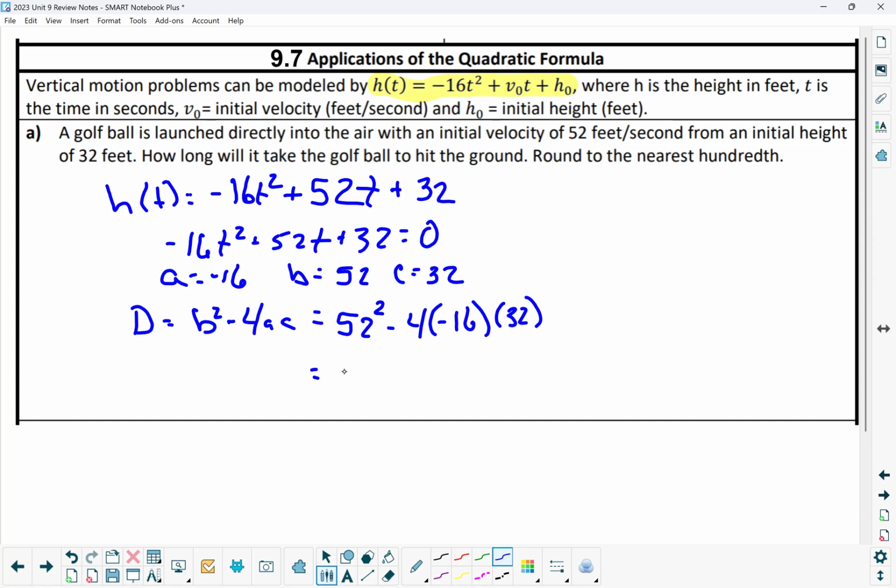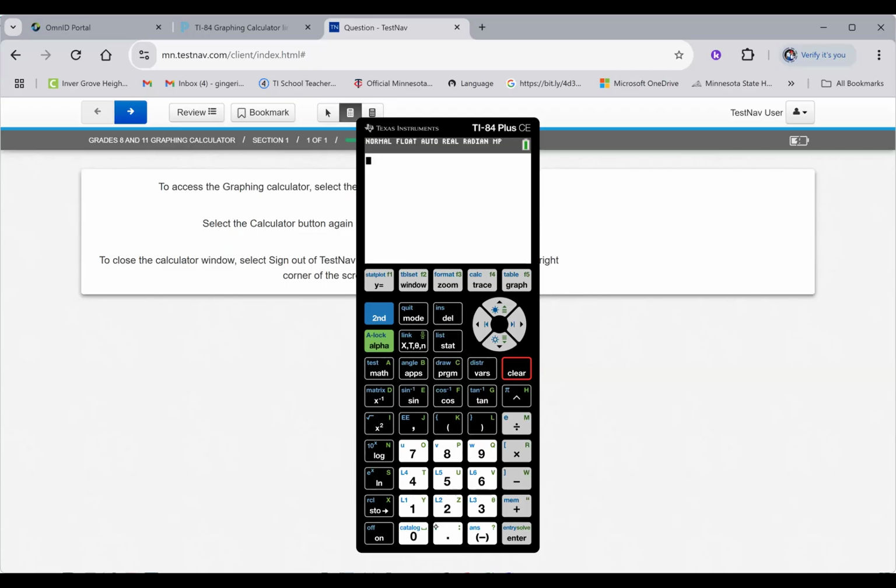And if I use my calculator to find that value, 52 squared minus 4 times negative 16 times 32. And our discriminant is 4,752.